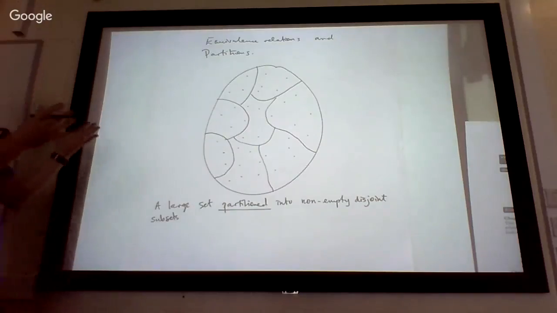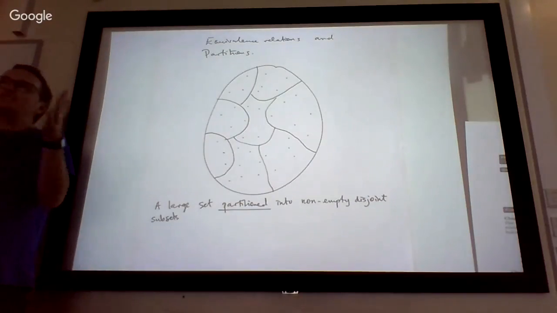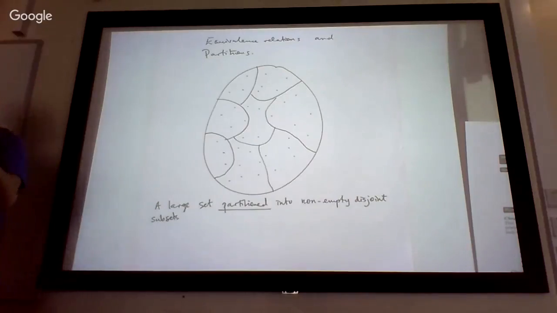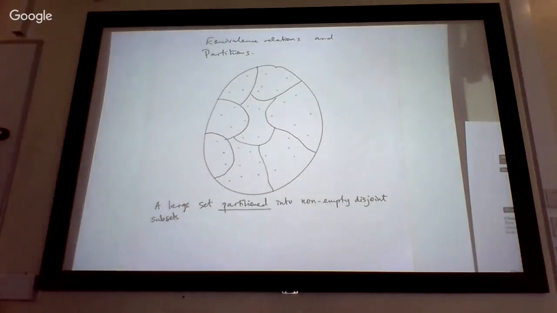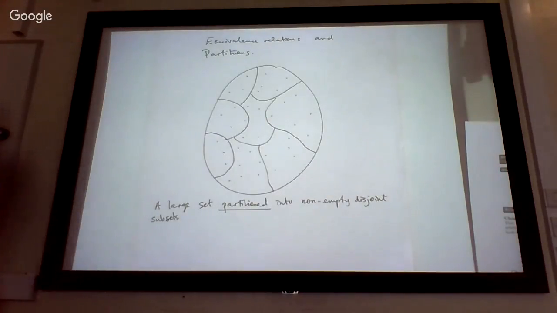If you want to split a country up, you certainly don't want any overlap, because an overlap is a disputed region, one that more than one country claims, so you'd have wars or whatever. So a partition of countries should have no overlap, and it should not leave any part of the original country unassigned.